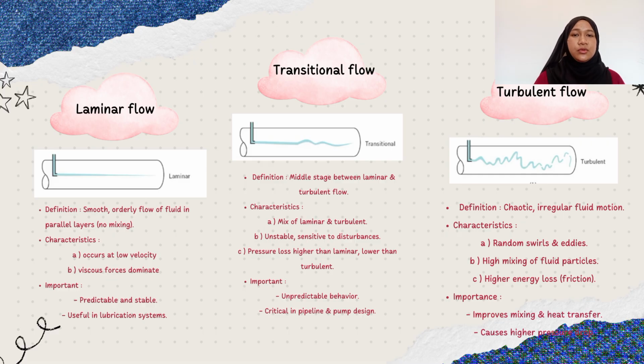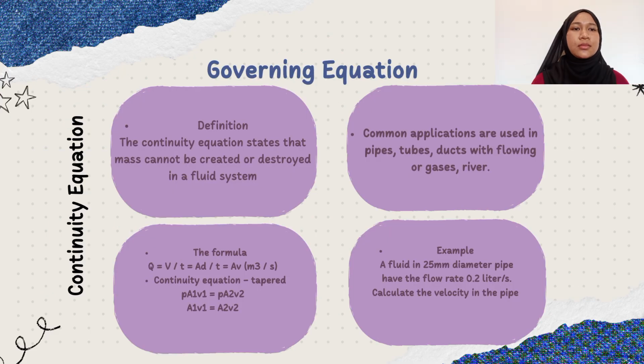Turbulent flow happens when the Reynolds number is above 4000. It is chaotic, irregular, and full of swirls and eddies. This experiment is very important because it introduced the concept of the Reynolds number, which engineers still use today to predict whether a flow will be laminar or turbulent.